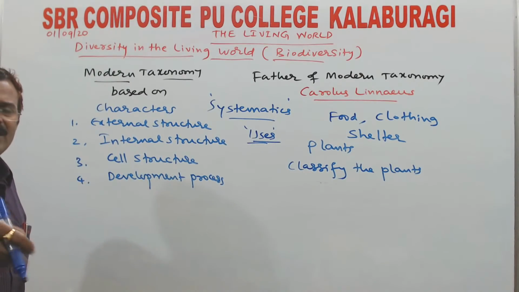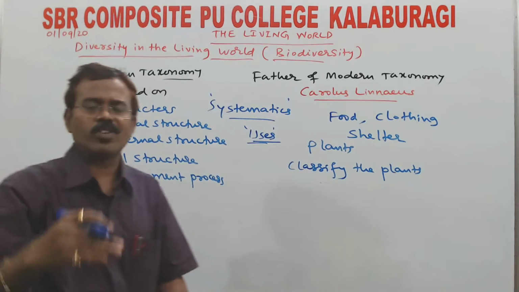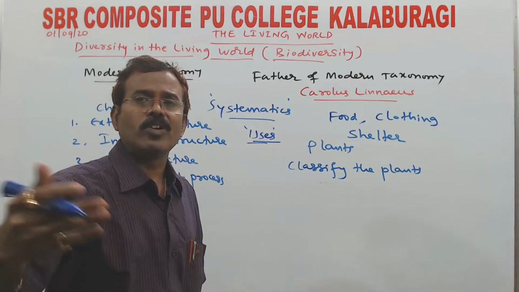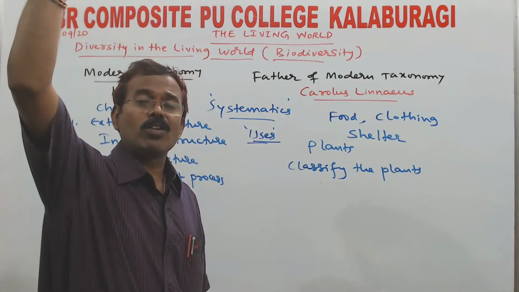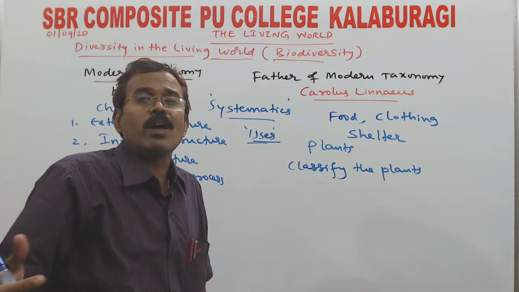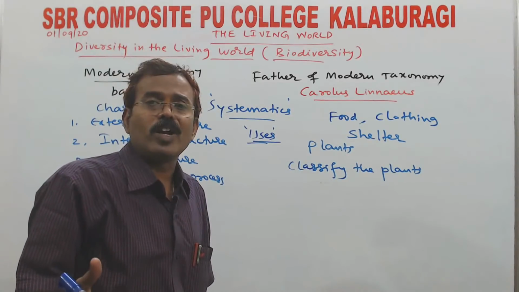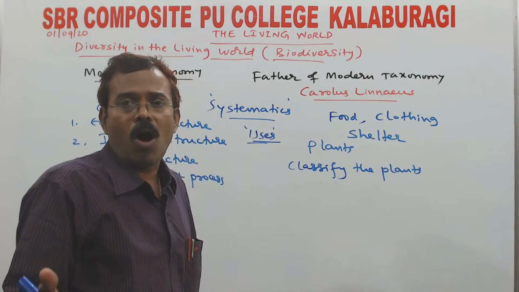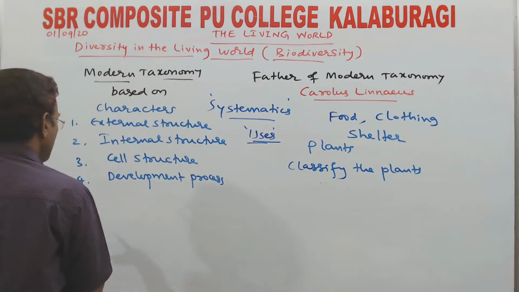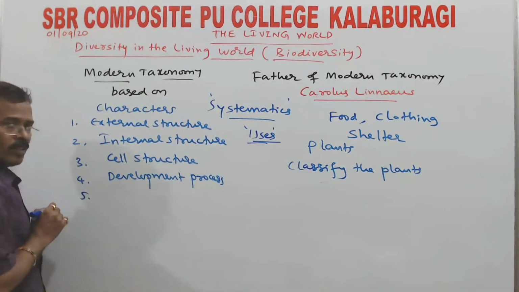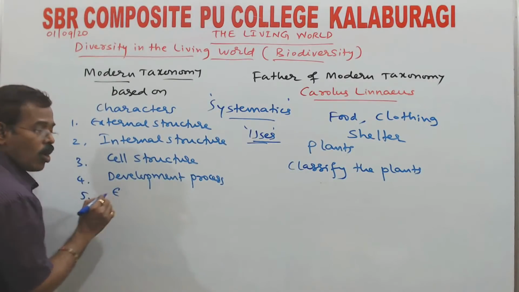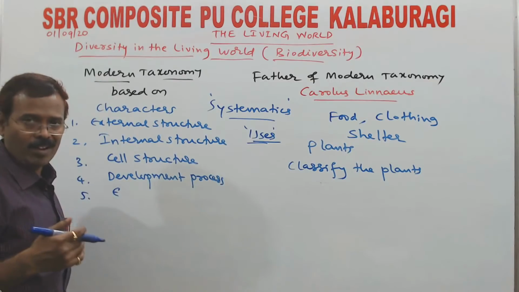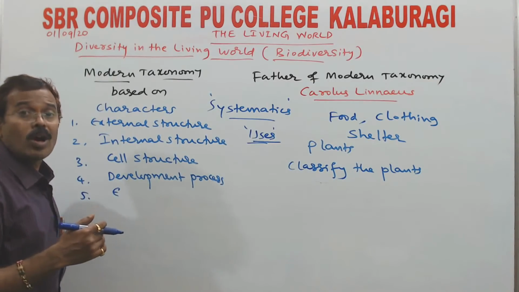We sow the seed, it germinates and forms a small seedling. From the seedling, later on, we get herb, shrub, tree. So how does the developmental process occur? How in animals a zygote can develop into an embryo, and from the embryo, later on, a young one is born. That is the development process. Then ecological information, the study of environment, that is ecology.